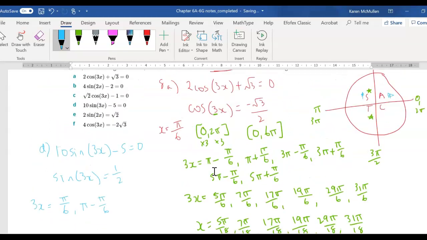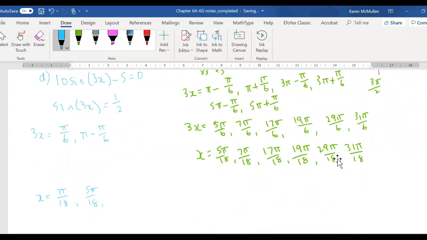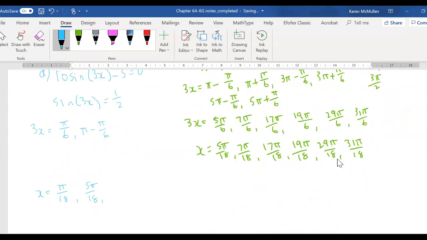Then our next solution, we go to 2 pi, so 2 pi plus pi on 6. So that's going to be, oh gosh, what am I doing? 13 pi on 6, but when we divide through by 3, it's going to be 13 pi on 18.